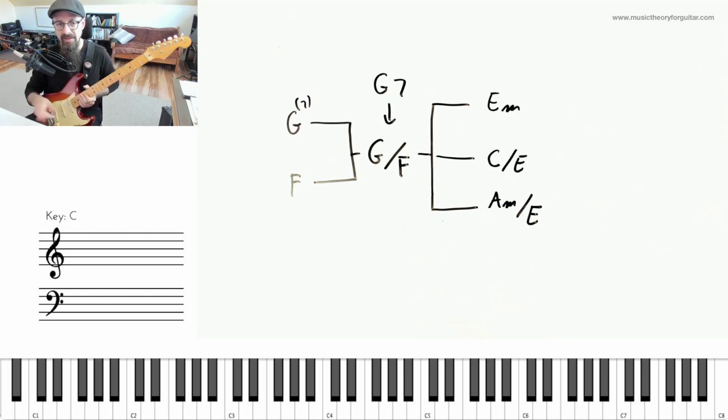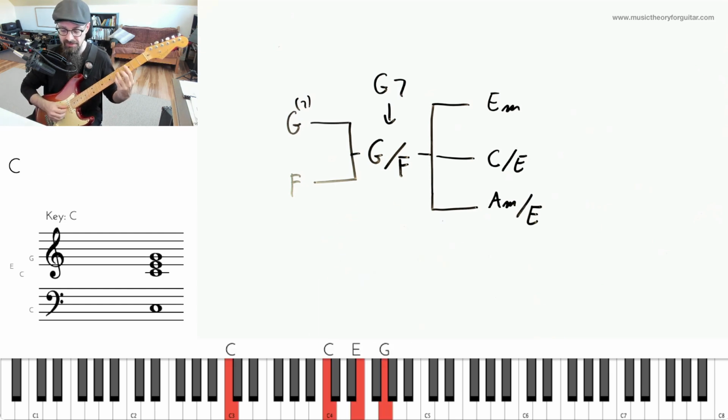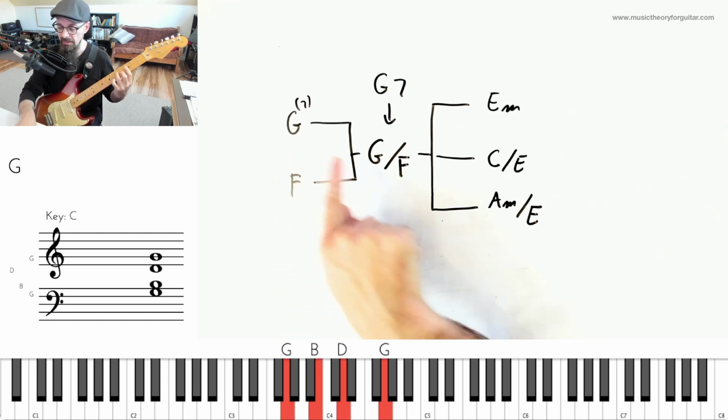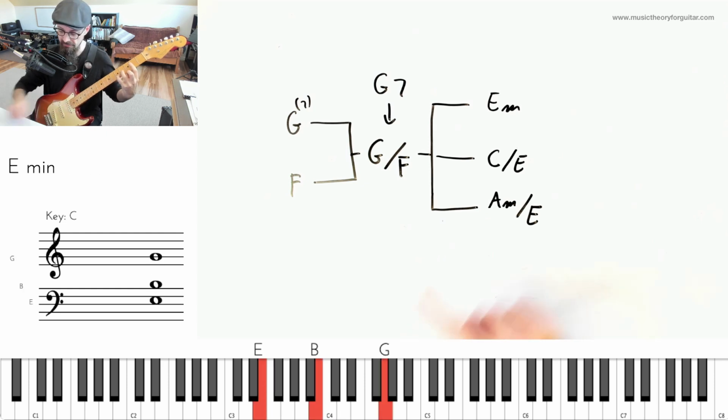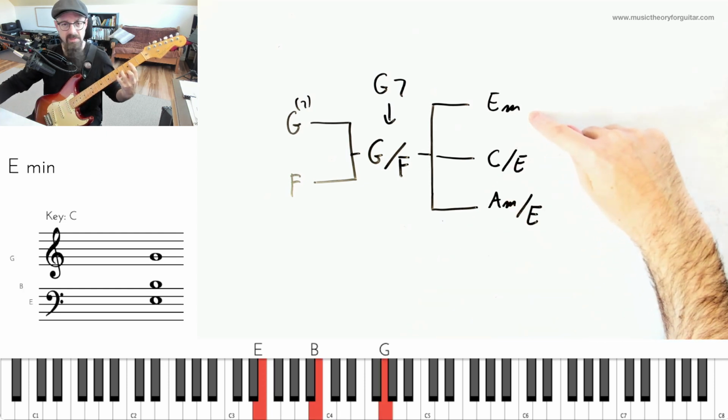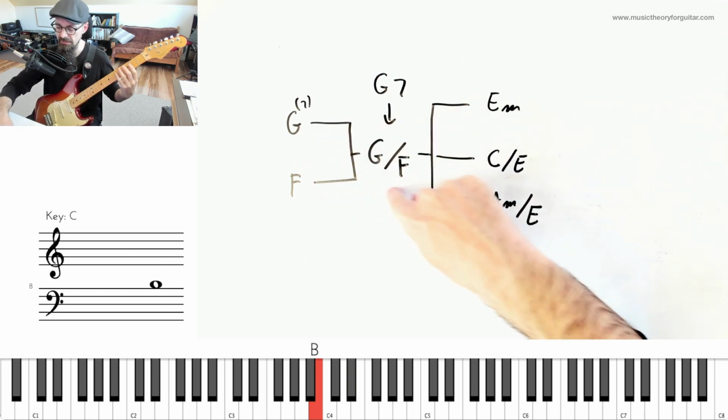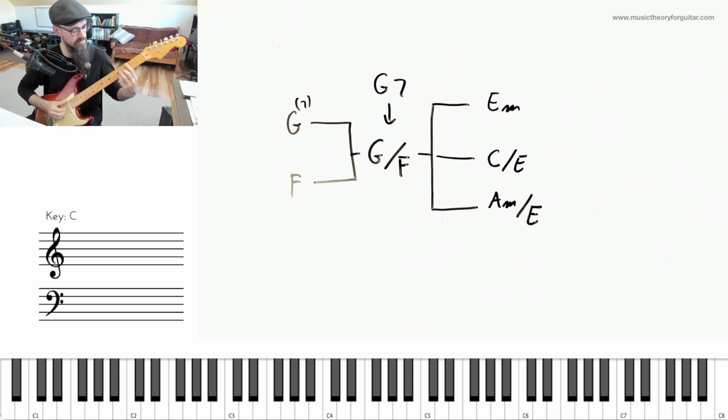Let me actually play a couple of chord progressions that contain all these. I could play C, then G, so now I'm here, G over F, and then E minor. See how it flows perfectly well. So I just did G, G over F, E minor. Or I can do the same, C, then G, G over F, C with a bass of E. Actually better this way.